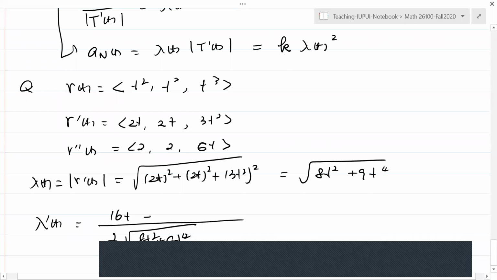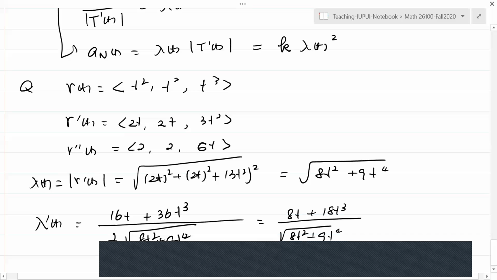It's 16t plus 36t cubed. And then you simplify a little bit. So that will be 8t plus 18t cubed, and then here the square root of 8t squared plus 9t to the fourth power.